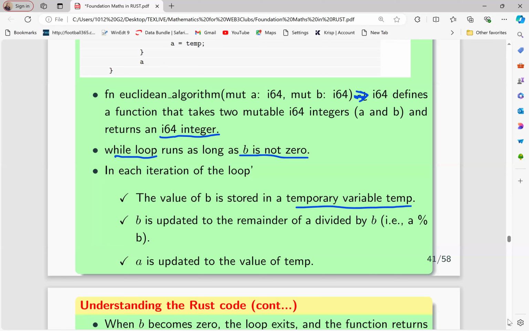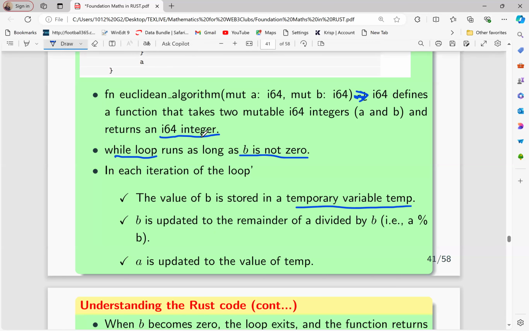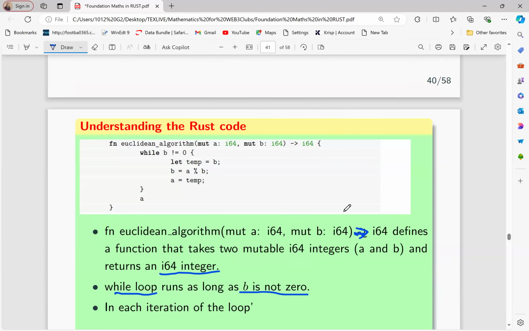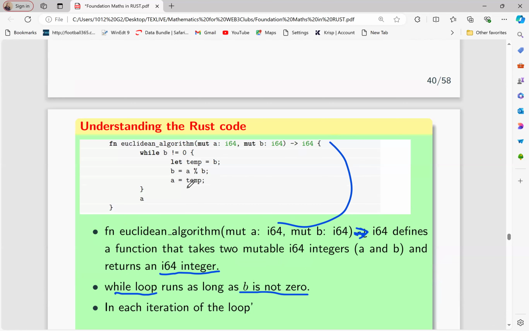So the number that was temporary is now our A. This is what this part means. So you need to know all this, what they mean, so that you can easily write the code without necessarily having to memorize the codes.